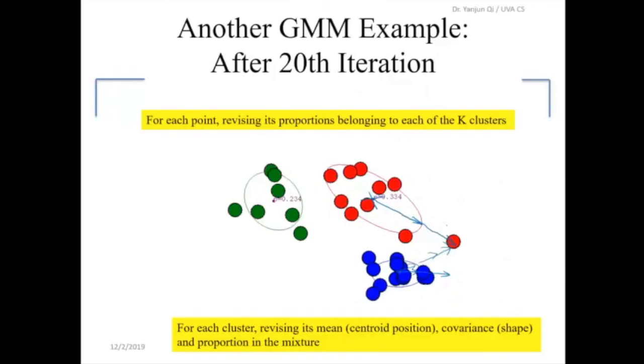This gives you a much better density estimation, until it reaches the stage where most of the points are dominated, controlled, generated by blue points, red points, and green points. And now you can tell why this point belongs to the red, not the blue.